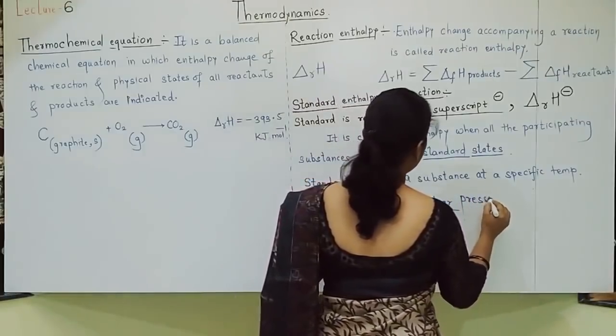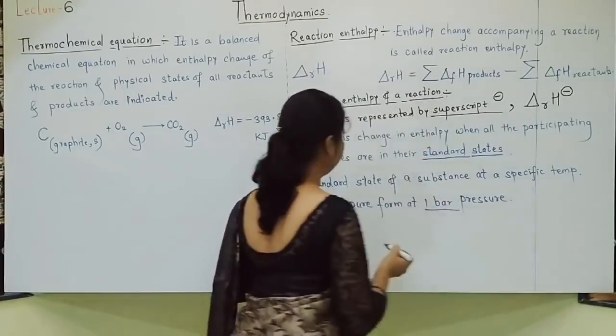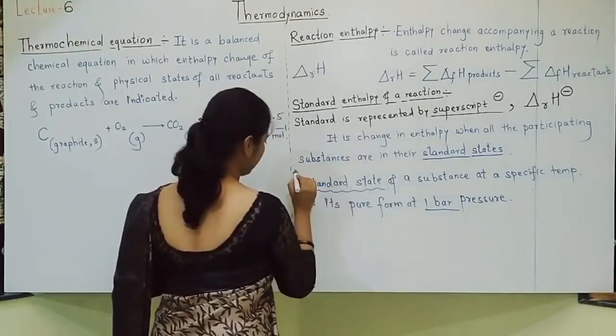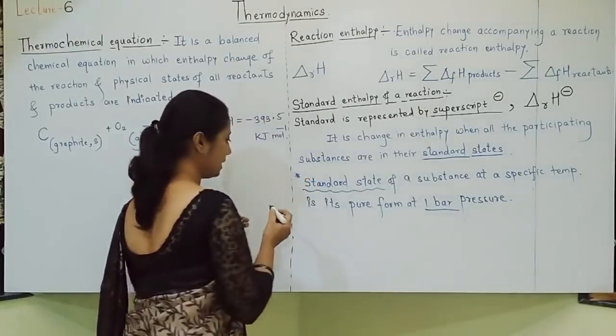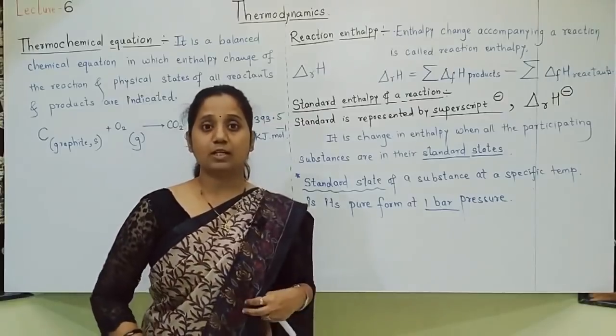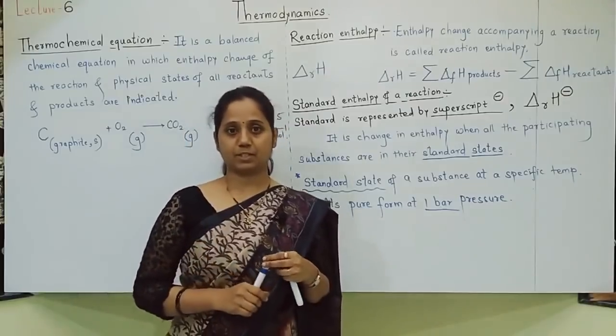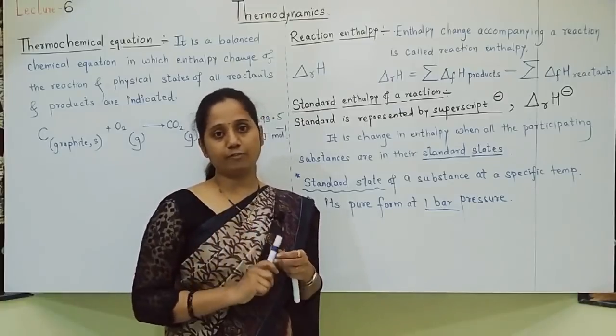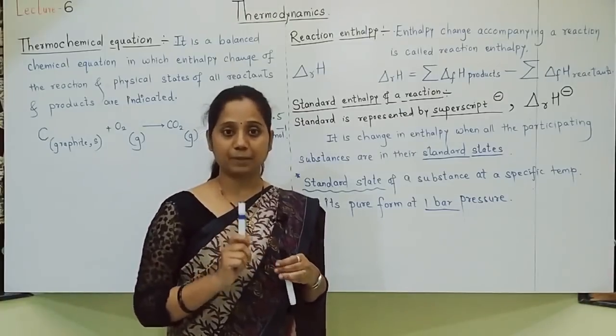Pure form at 1 bar pressure. Okay. So students, understand what we mean by standard state. The standard state of a substance means the pure state of that substance. The substance should be in its pure form, and it is always measured at standard pressure.